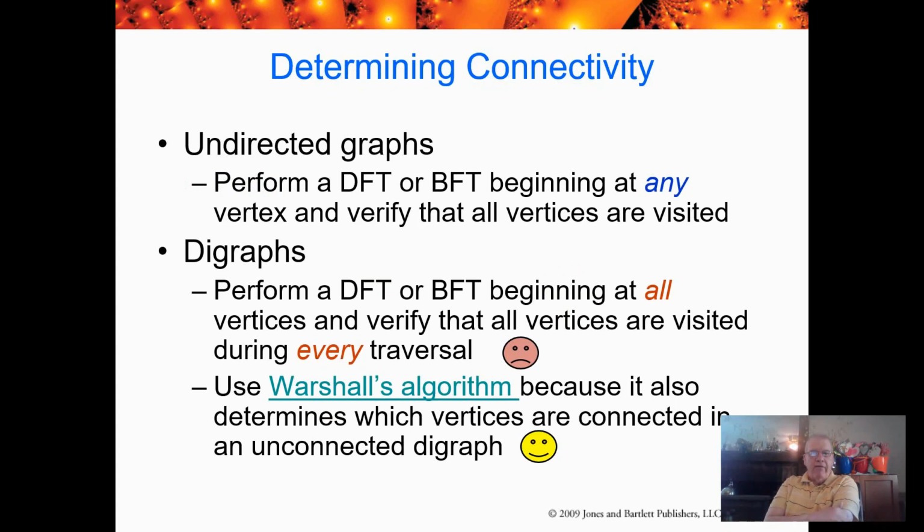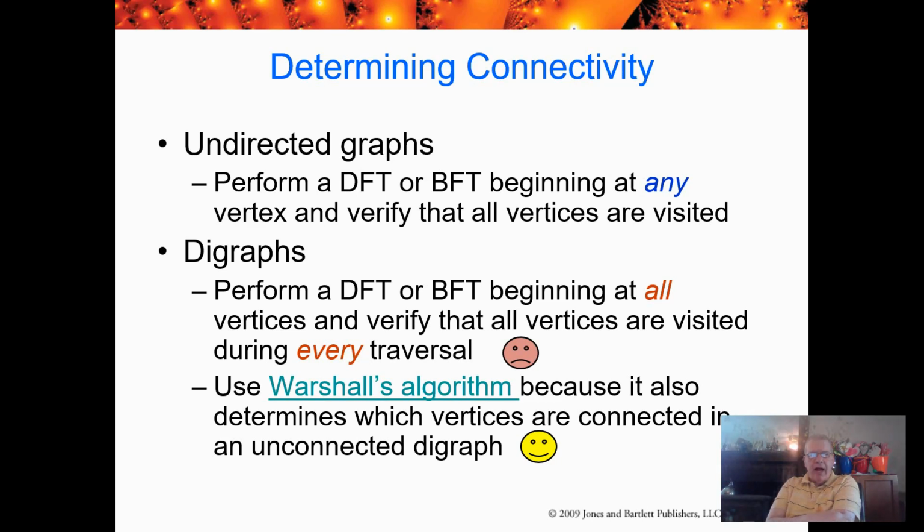For a directed graph, a digraph, we would have to perform a depth first traversal or breadth first traversal beginning at each of the vertices and verify that in each traversal all the vertices could be visited. So that's a huge order, big O notation, to do that.